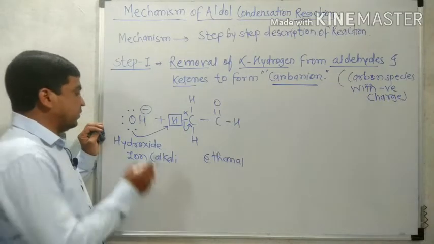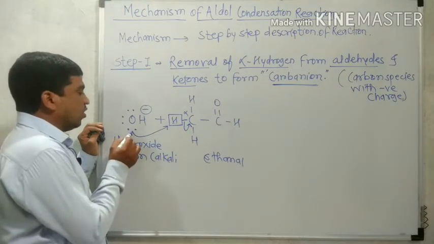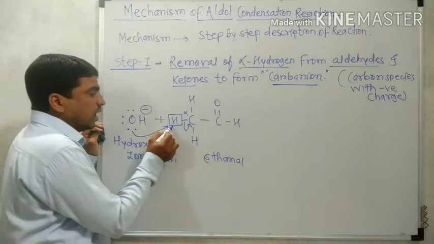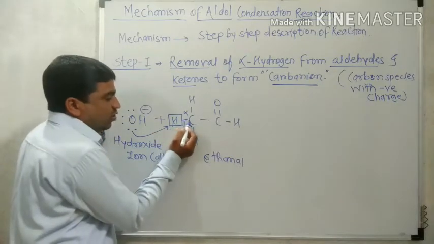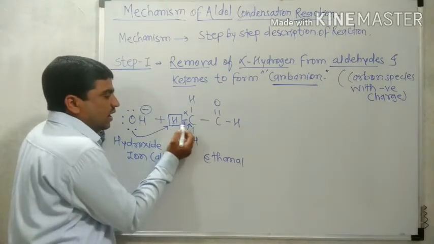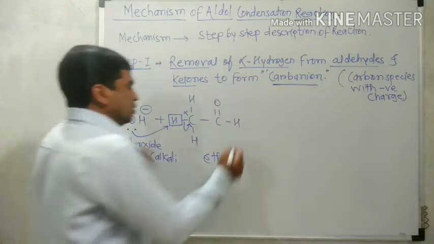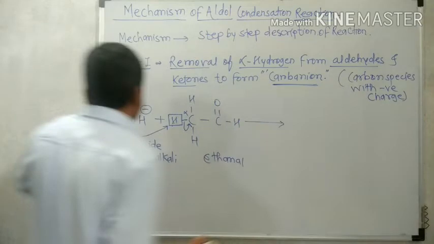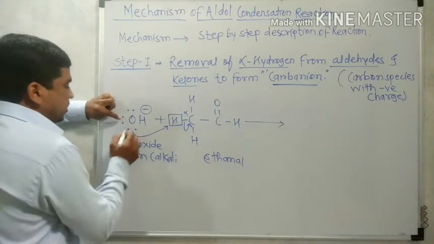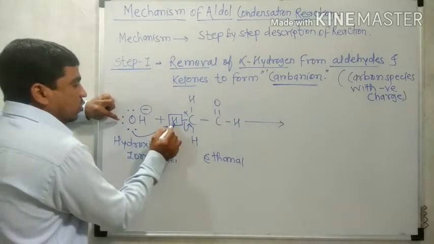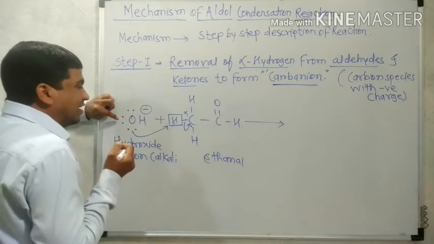What happened in this step? The electron pair from oxygen is donated to the hydrogen, but the two electrons present in the carbon-hydrogen bond shift toward carbon. So OH minus, by donating a pair of electrons to hydrogen, abstracts the hydrogen toward itself.